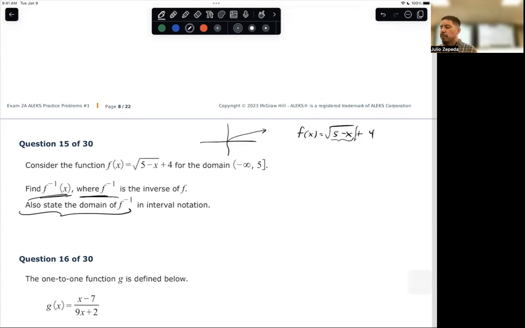But what we care about for the range is this plus 4. We know that means it's shifted up 4 units. Can somebody tell me the range of f?